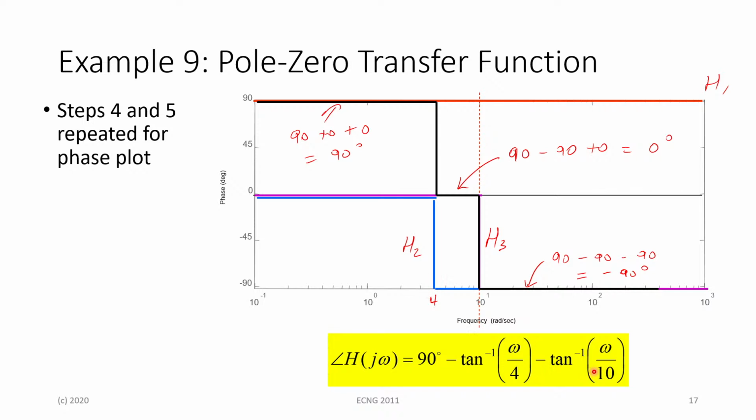And then H3 is also stepping down by minus 90 degrees. So that's going to be minus tan inverse of omega divided by 10, because that's the pole value at which it occurs. So you just add the angle equations of H1, H2, and H3 to get the overall angle equation for H of j omega. And that is the end of the phase plot.